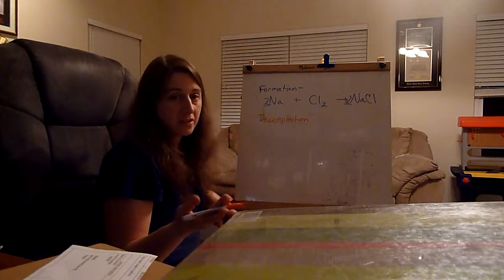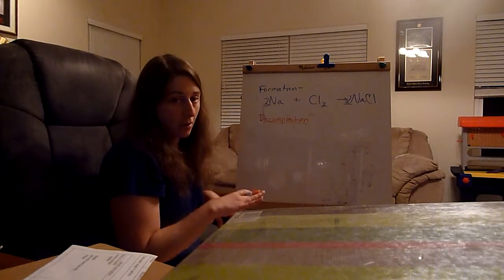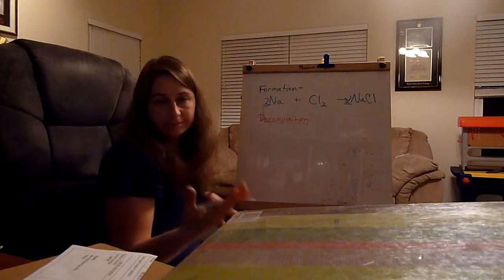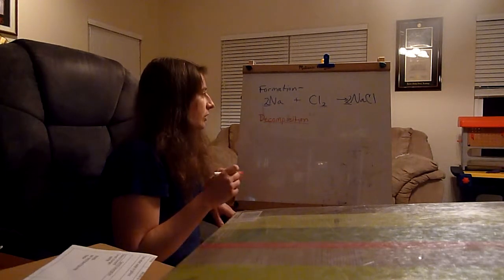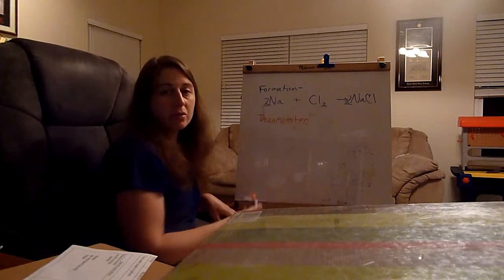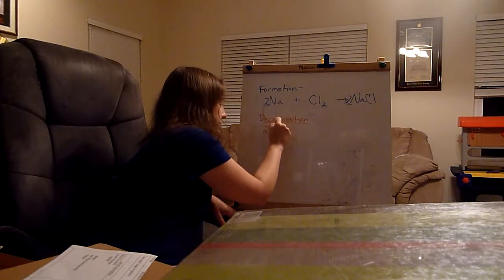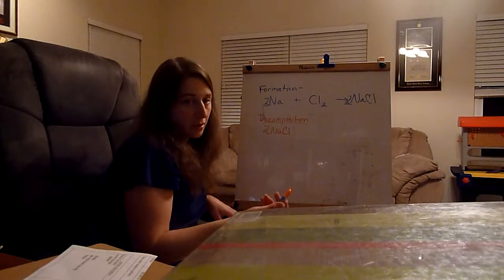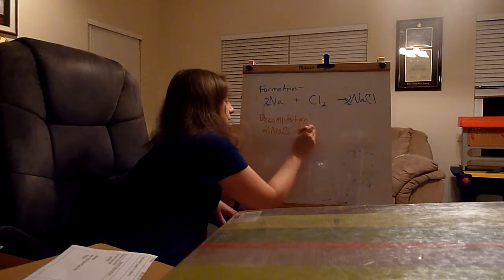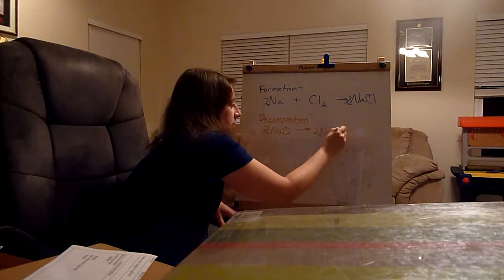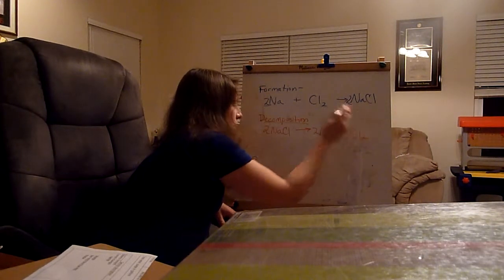Decomposition reactions are taking a compound and breaking it down into its elements. We could just write the reverse reaction here, for example. The compound, sodium chloride ionic compound, decomposes into 2 sodium atoms and 1 chlorine molecule.